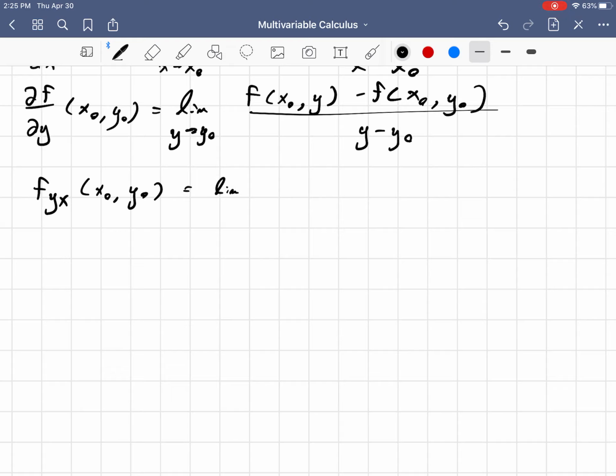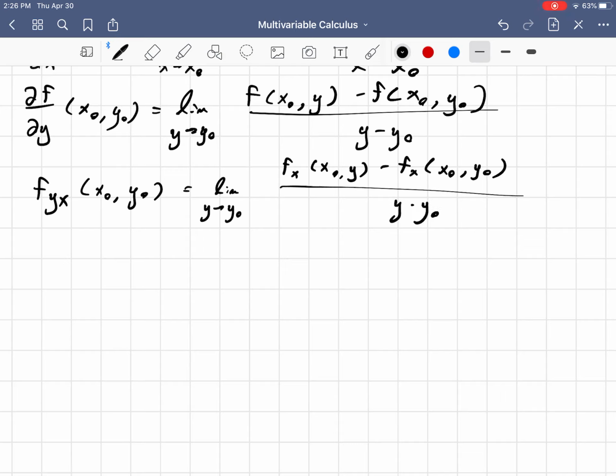That would be the limit as y approaches y naught, because here I'm taking the partial with respect to y of some partial of f with respect to x. So that's going to be of f sub x of x naught comma y minus f sub x of x naught comma y naught all over y minus y naught.